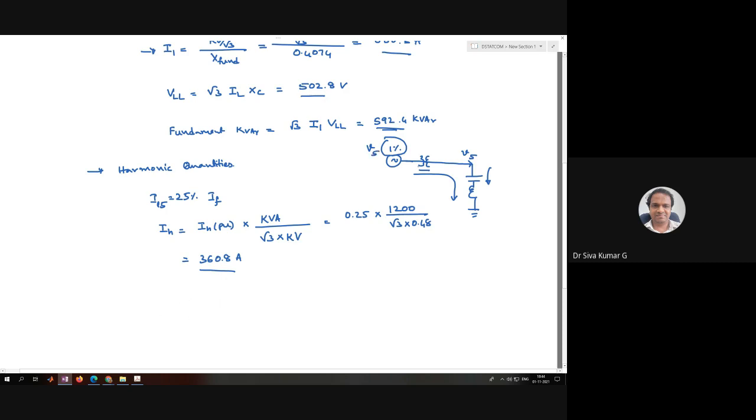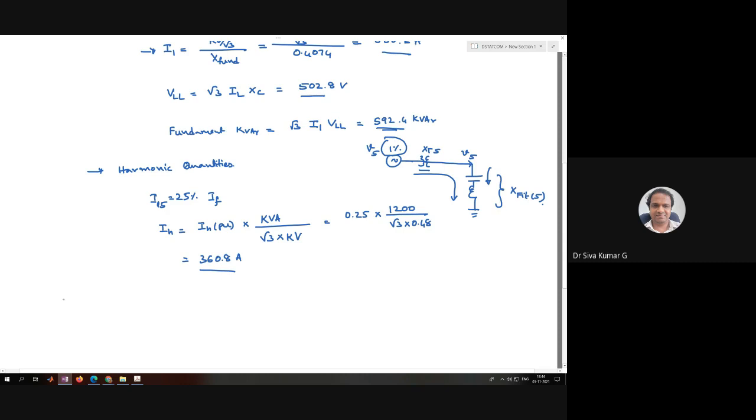For that, we need to find out the XT reactance, the transformer reactance for the fifth harmonic, and the passive filter reactance, overall with respect to the fifth harmonic.